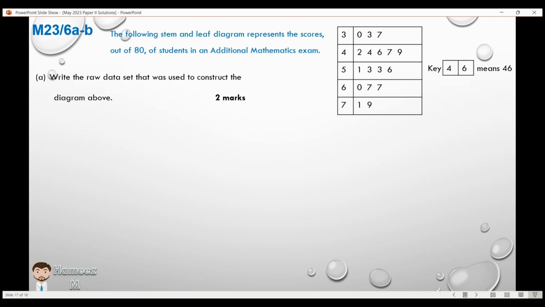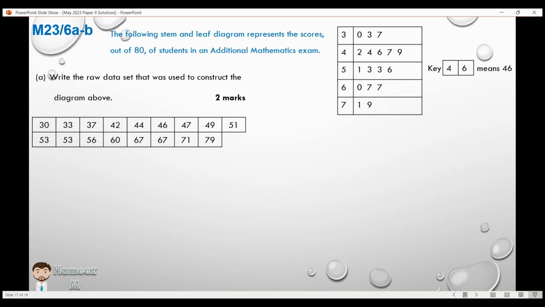The first row has a 3, so there's 3|0, 3|3, and 3|7. That means we have 3 numbers in the 30s, 5 numbers in the 40s, and so on. This shows us that we have 9 and 8, 17 students who wrote the examination, with the lowest mark being 30 and the highest being 79 out of 80.